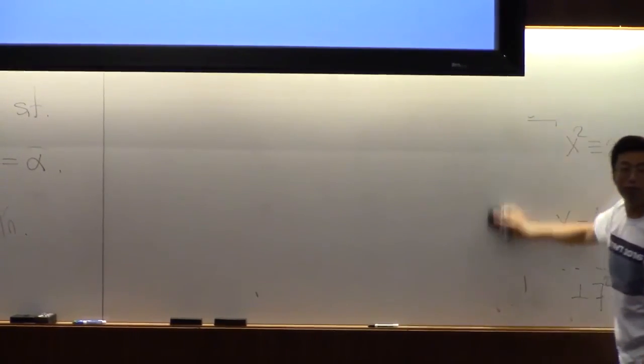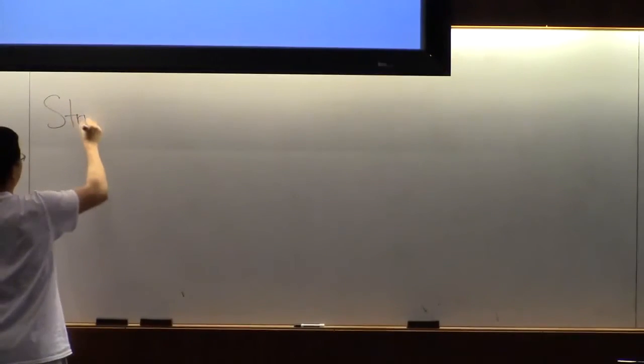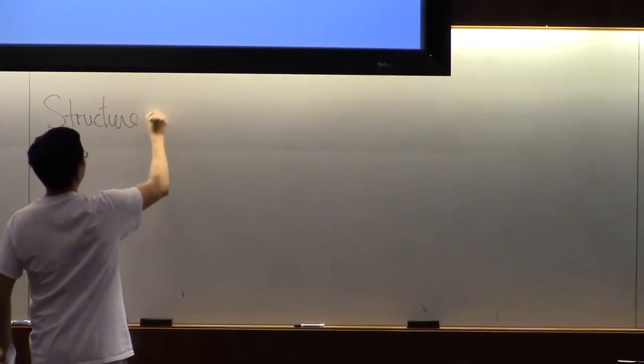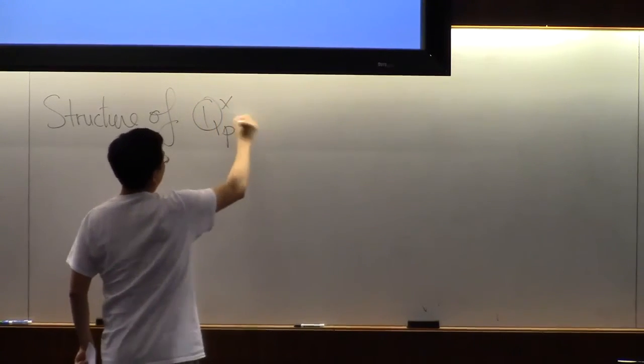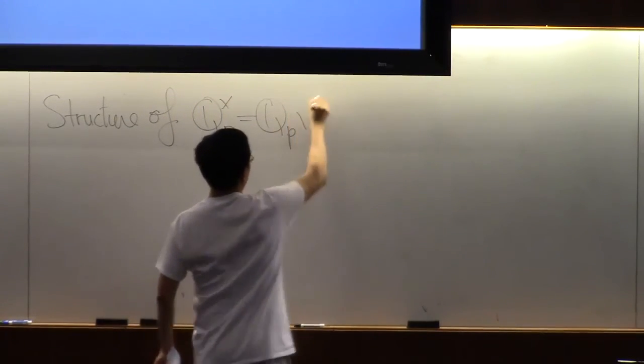Other questions? All right. Good. So now, we're going to use this tensor lemma. I want to determine the structure of the multiplicative group of Q_p. I mean, it's a field, so it's just Q_p leaving out 0.